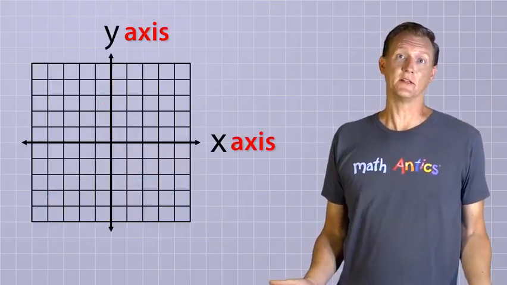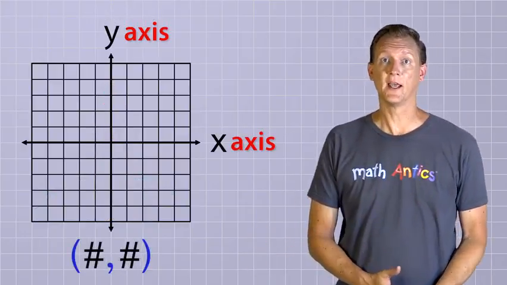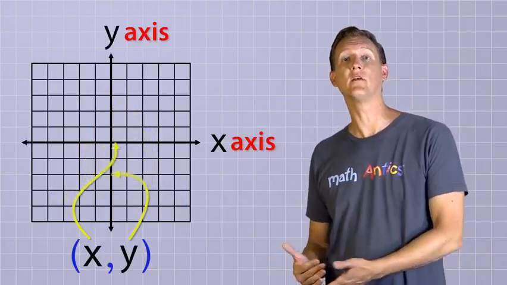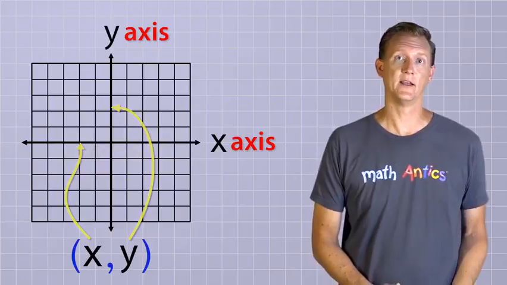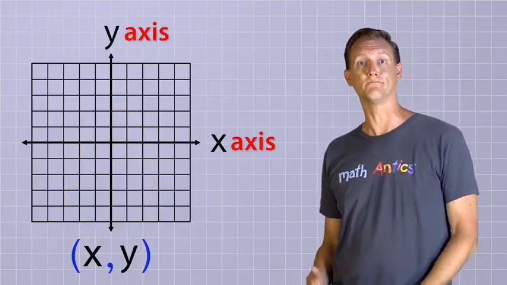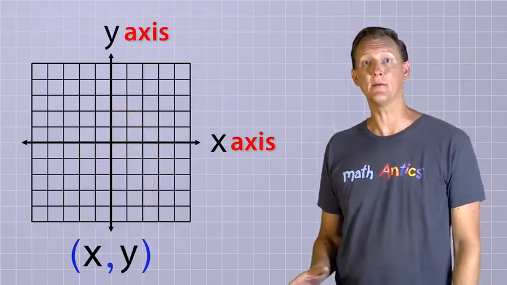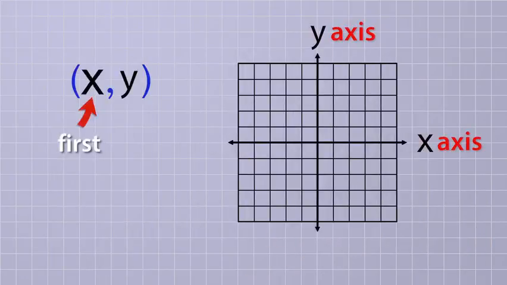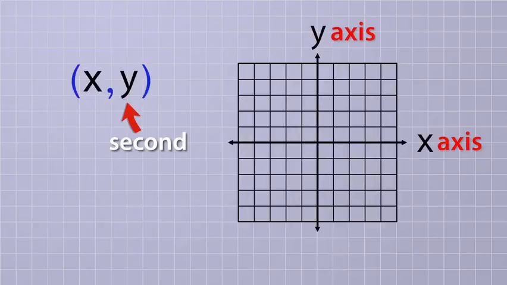And the second reason is that each of the two coordinate numbers is actually a variable that relates to a specific position along one of the two axes of the coordinate plane. And since those variables are usually called x and y, it makes sense to name the two axes the same way. The first coordinate number listed will be called x, and the second coordinate number listed will be called y.